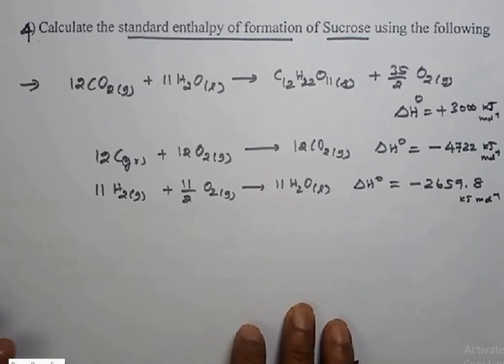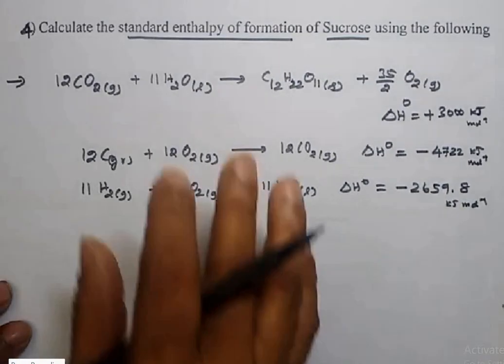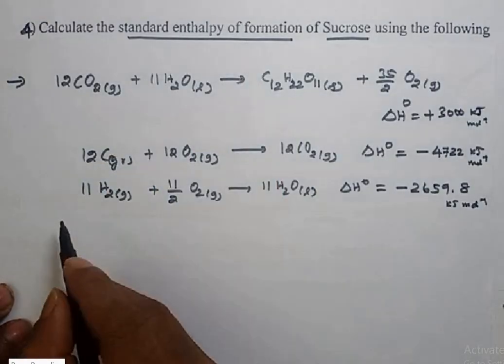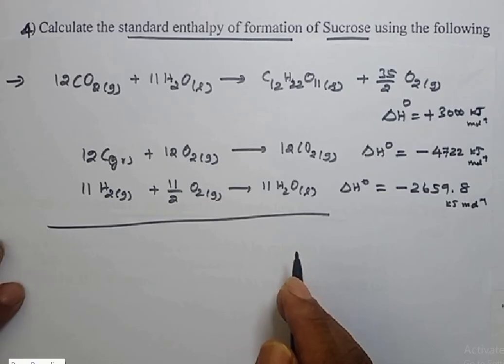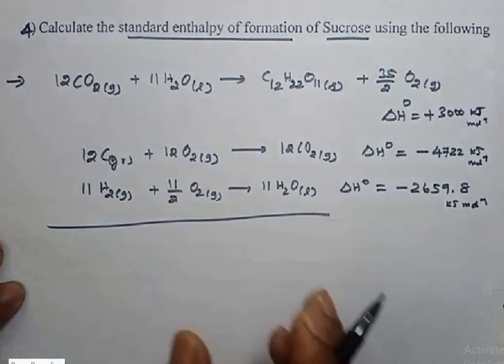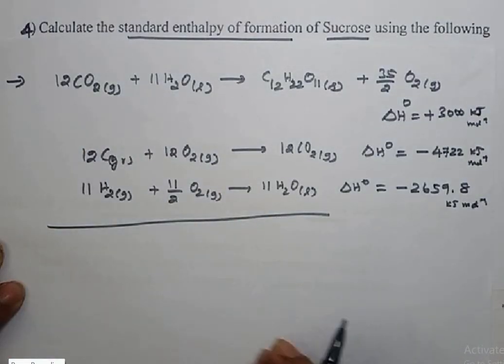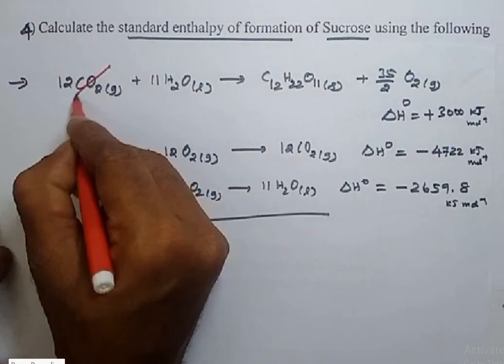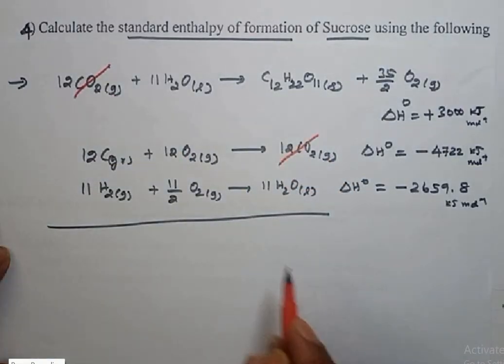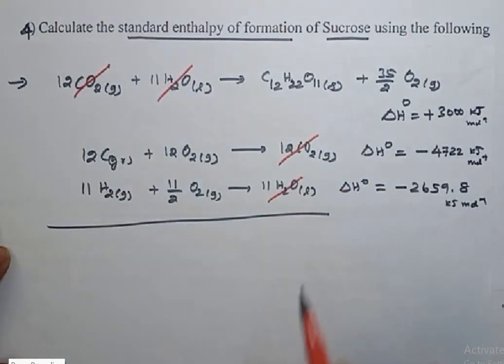Now after multiplication we get these equations. So I am going to add the equations. While adding, if you have the same species, you can cancel. I have 12 CO2 here and on the right hand side also 12 CO2, so let me cancel that. 12 CO2 cancel, 11 H2O cancel.